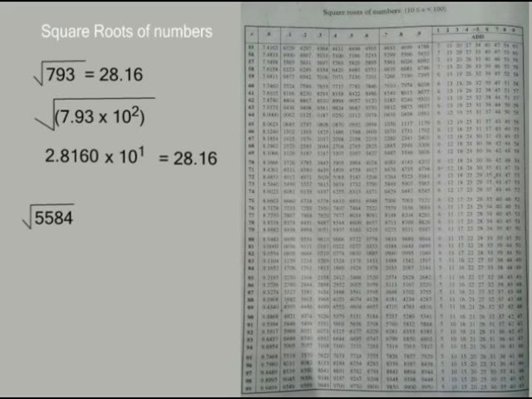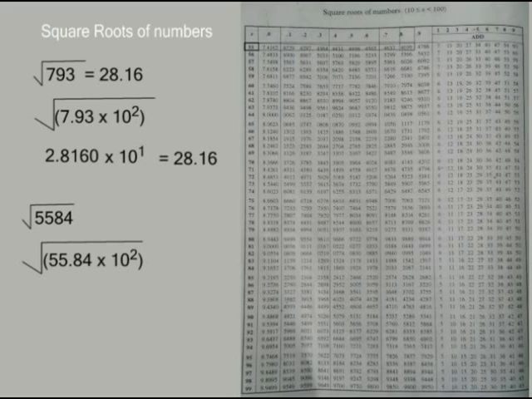How about the square root of 5,584? In the proper standard form, that would be 5.584 times 10 raised to power 3. But there is a problem, because 10 raised to power 3 is not a perfect square. We need to make the power an even number. And so we move the decimal to the right and have 55.84 times 10 raised to power 2. Square root of 55.84. 55 is here.